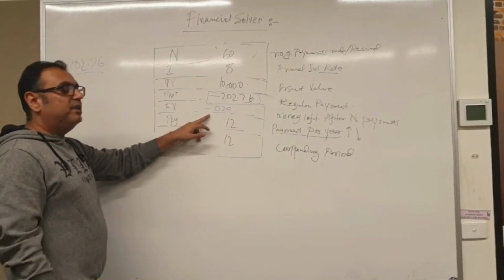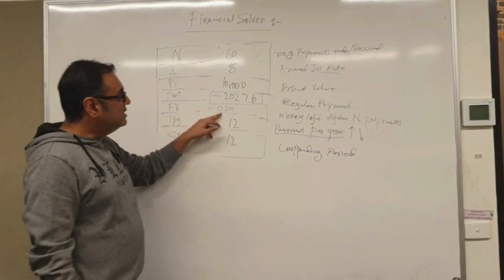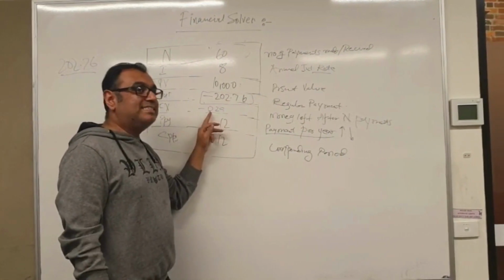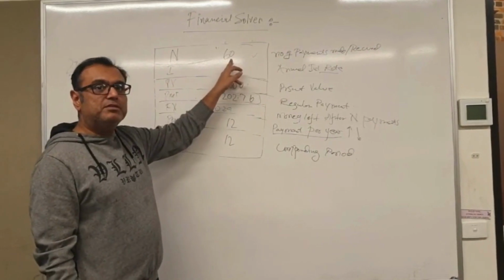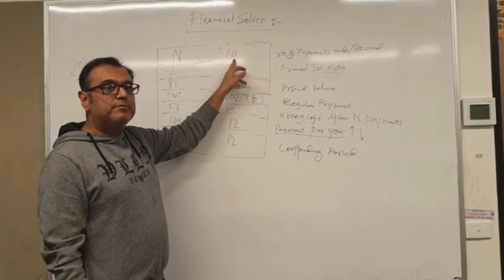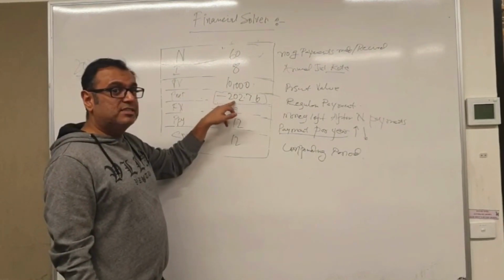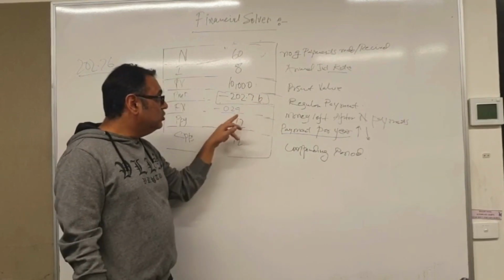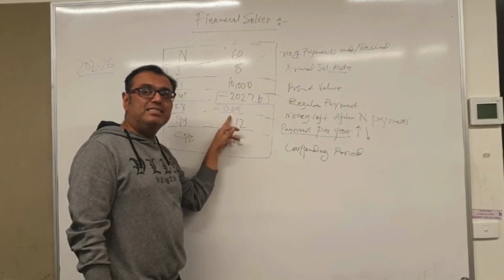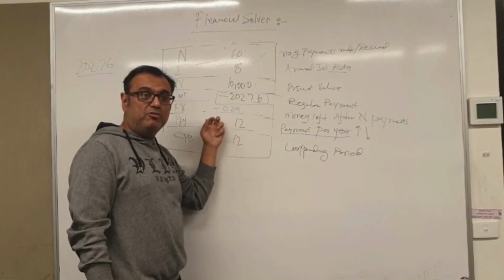When your future value is negative 0.29, that means this amount still has to go out even after you made the 60 payments, right? So if your 60th payment is $202.76, hear me out very clearly, you still owe 29 cents to the bank because it's still sitting in your bank account ready to go.